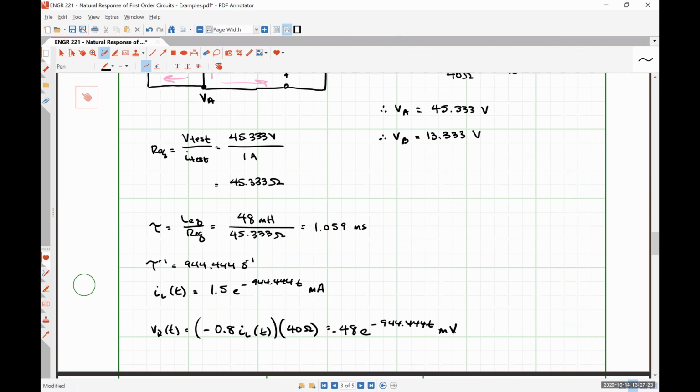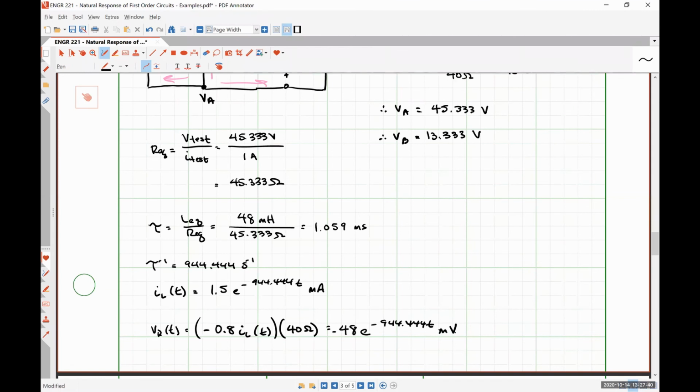Negative 0.8 times 40 times 1.5 times 10 to the minus 3. Yeah, negative 48 volts.